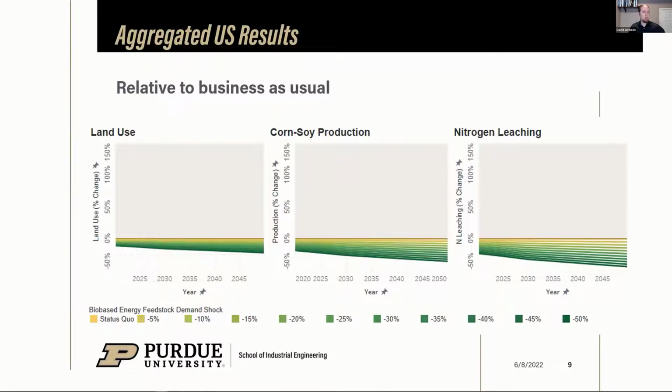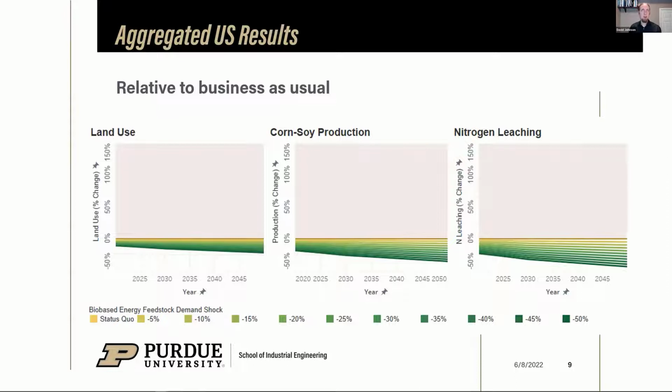Here we just have traces at 5% intervals to make it a little bit easier to see differences as the demand shock changes and it's further reduced. But essentially, relative to business as usual, land use changes a little bit less than the production and nitrogen leaching outcomes. Change in nitrogen leaching is the largest, but it's pretty similar to the change in corn soy production.